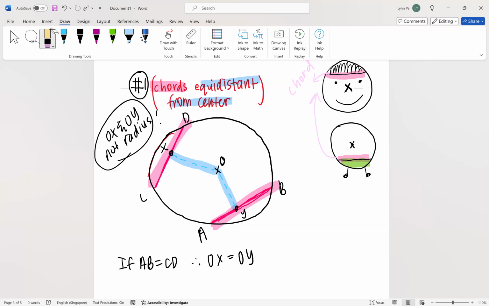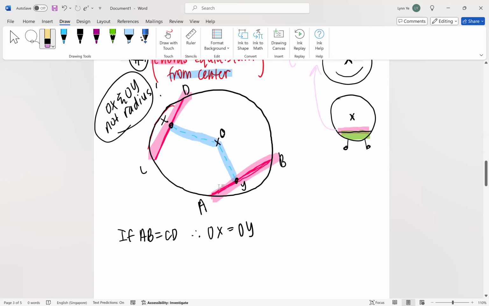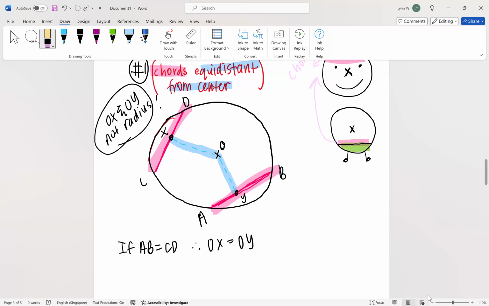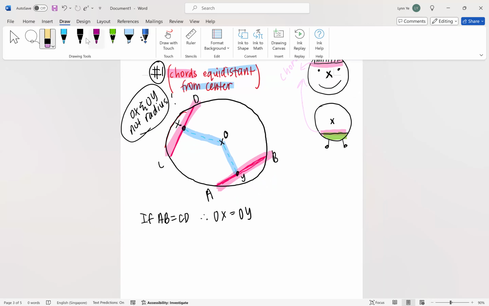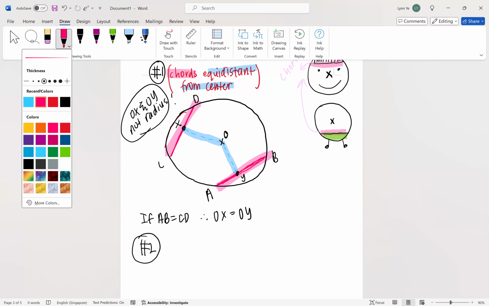Clear so far? Now we'll move on to number 2. Number 2 is called the reasoning. Your red pen, you write it down.